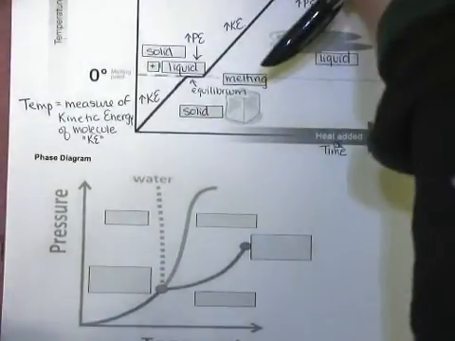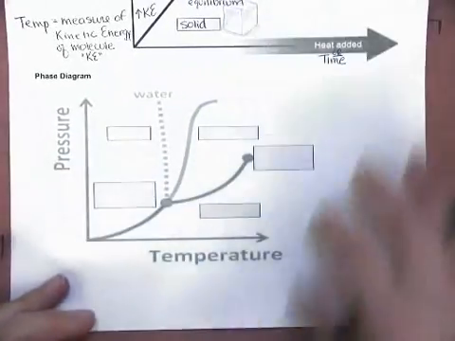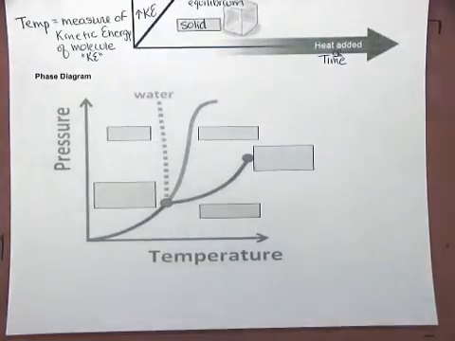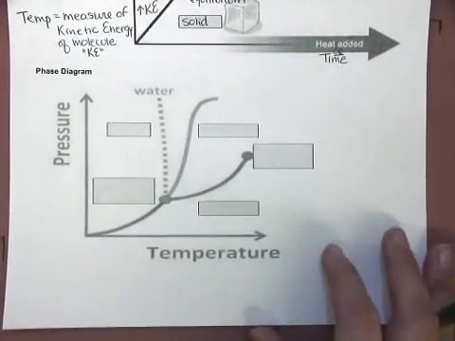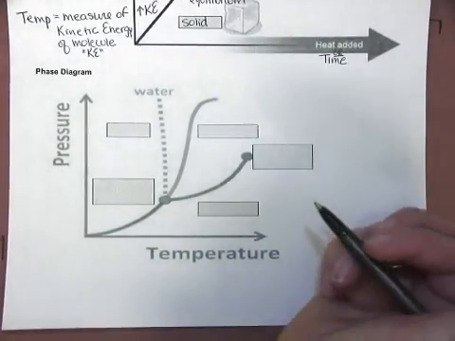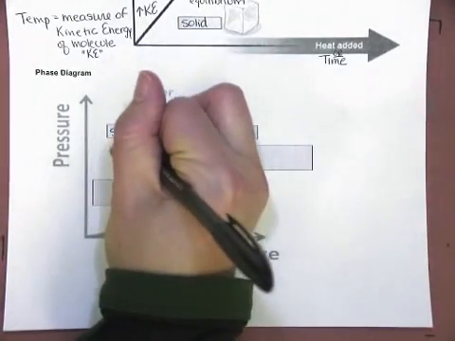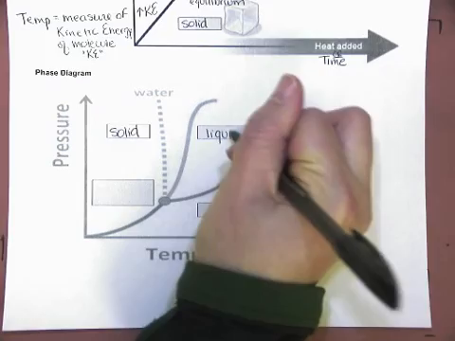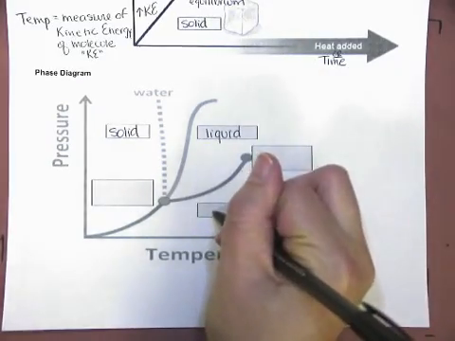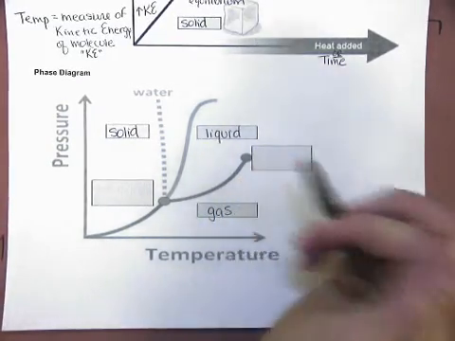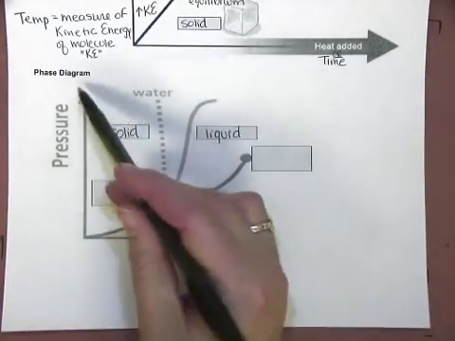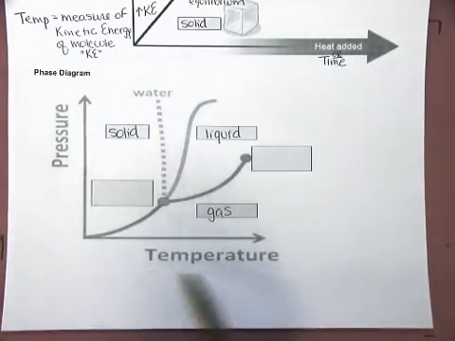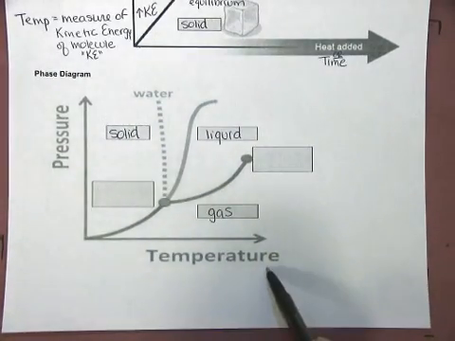The other type of graph that I can have is a phase diagram. So a phase diagram talks about our three different phases. I have solid, liquid, and gas. In my axes, I have pressure on the y-axis and temperature on my x-axis.